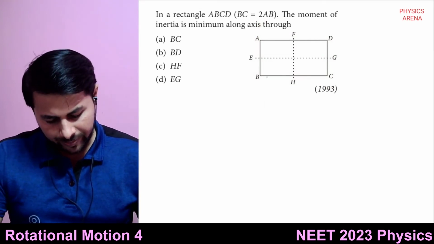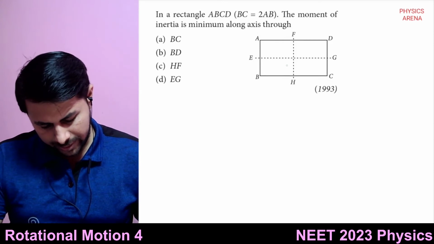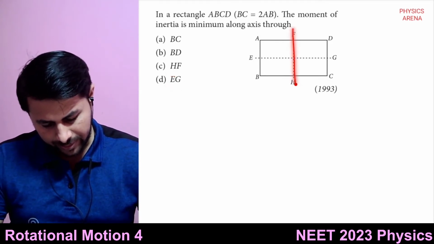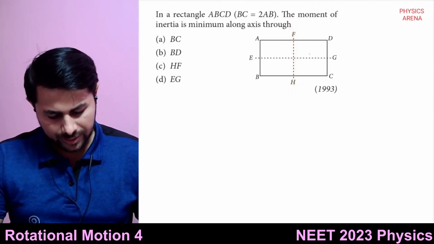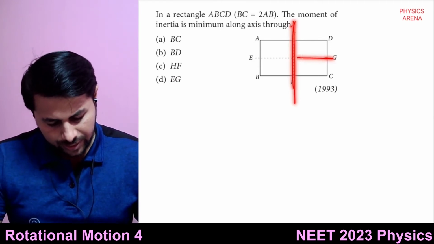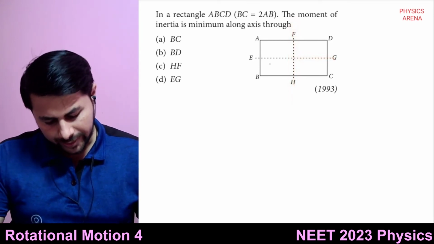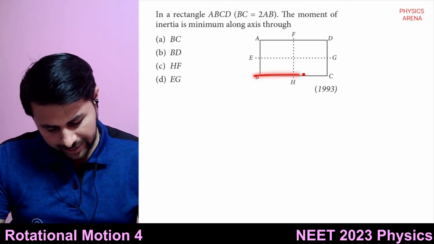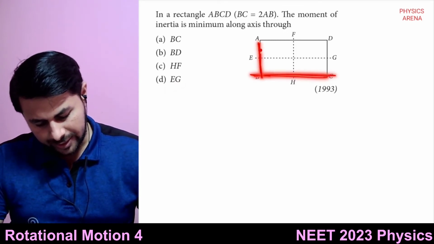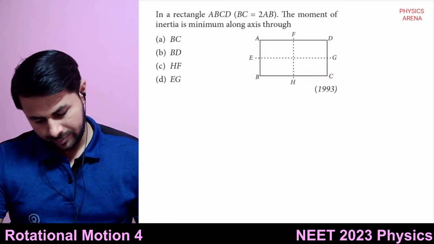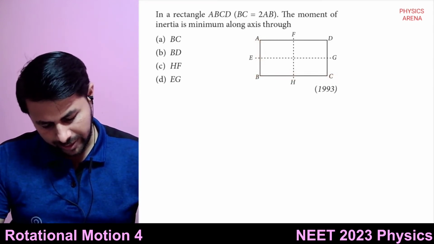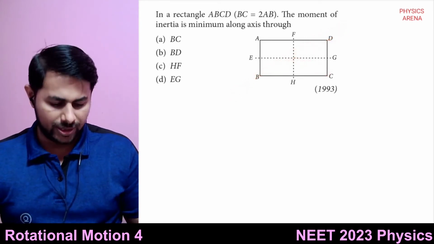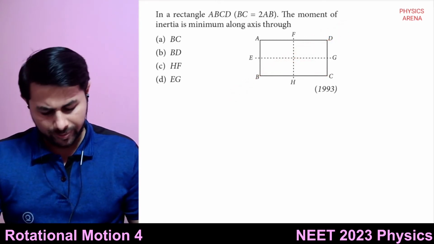But if you take, what are the options? HF is there, which is HF, this one. Since for this one, this length is more, compared to if you take BC, this length would be smaller. Take BD, where is BD? This is diagonal, so this length would be more. So for this one, the moment of inertia would be more.